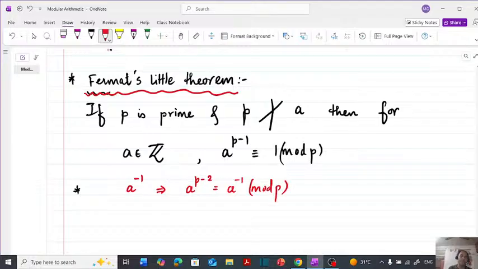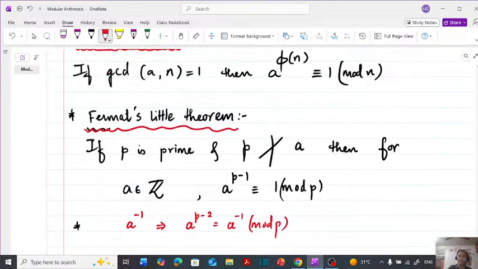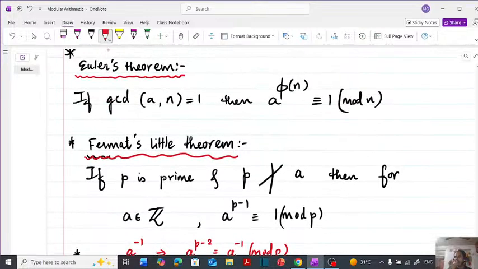I want to calculate the inverse of a number, then this can help you, or even the above theorem, Euler's theorem, can help you. So let us see how it works in all these cases, and then we will have a deeper insight into it.